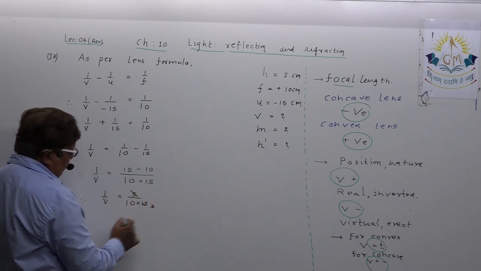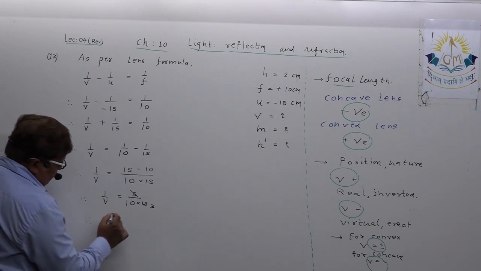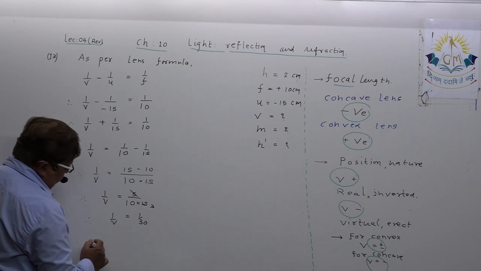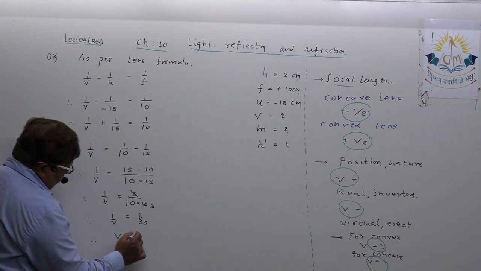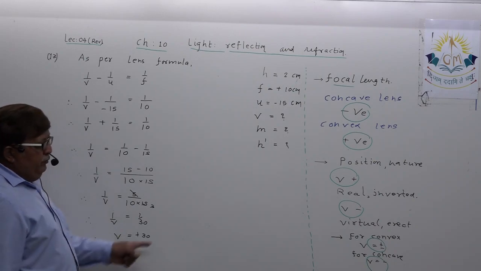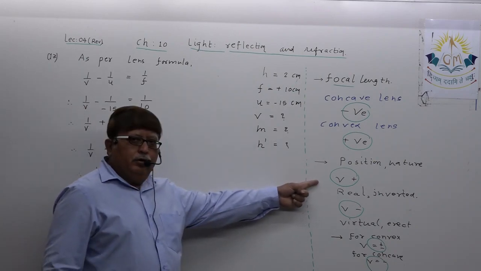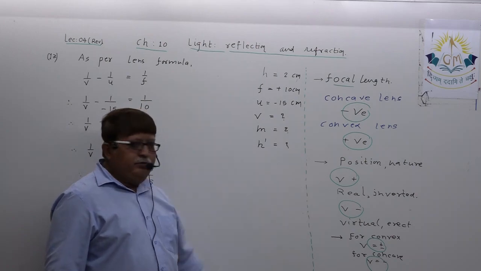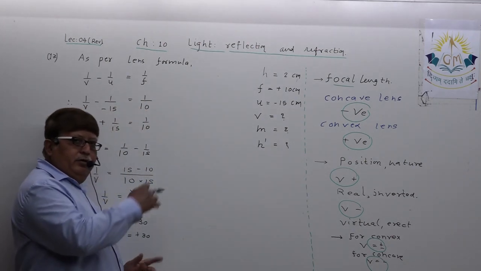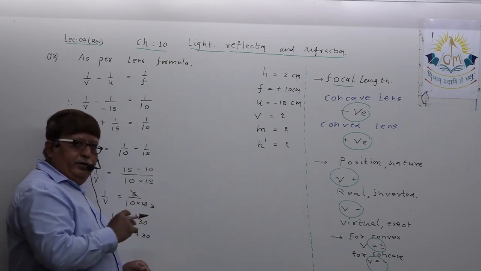After cancellation, 1 upon V equals 1 upon 30. So V equals plus 30. Okay, V positive.